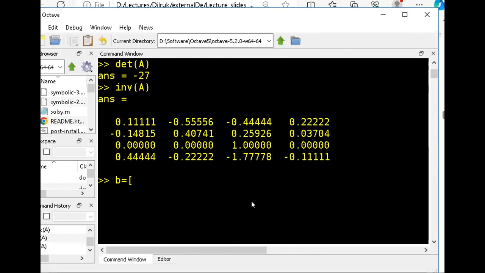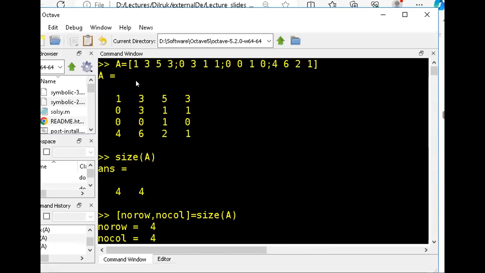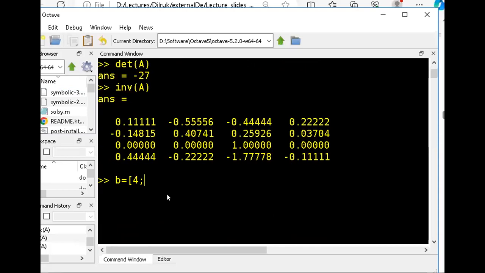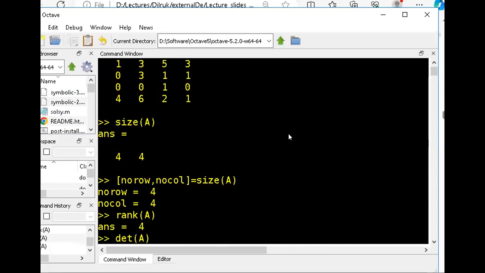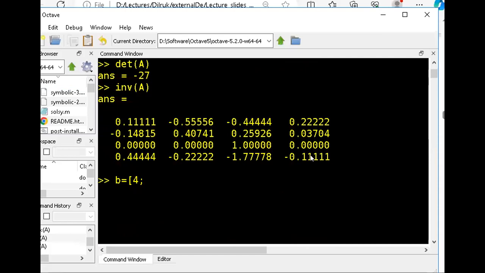Let's put any numbers, because this matrix is non-singular or full rank. So if you define any right hand side, you have a unique solution. We'll see the output.